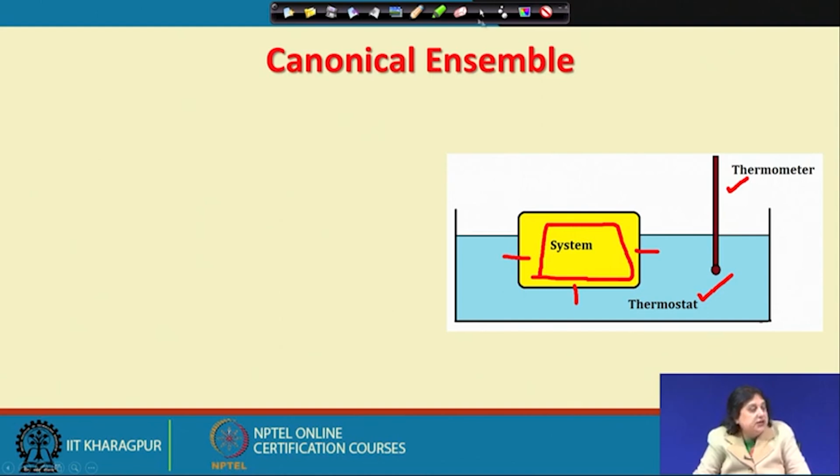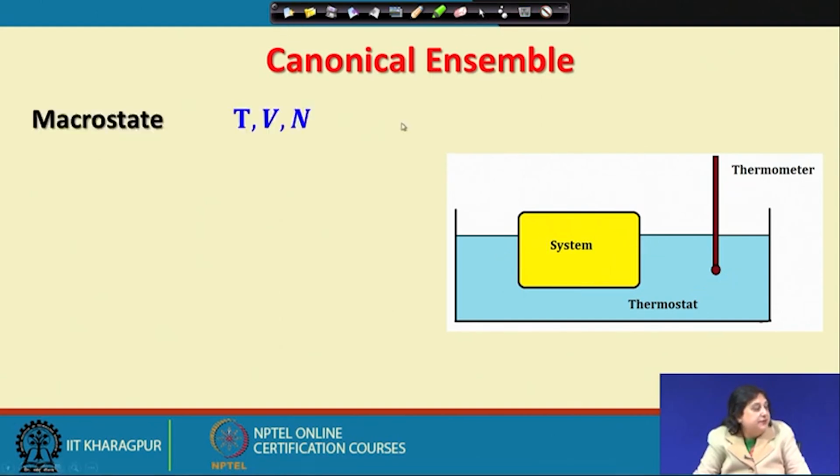Under such condition, we have already seen that the macro state of the system is given by specifying the value of temperature, the value of volume and the number of particles contained within the system of interest, which is shown in this yellow box.